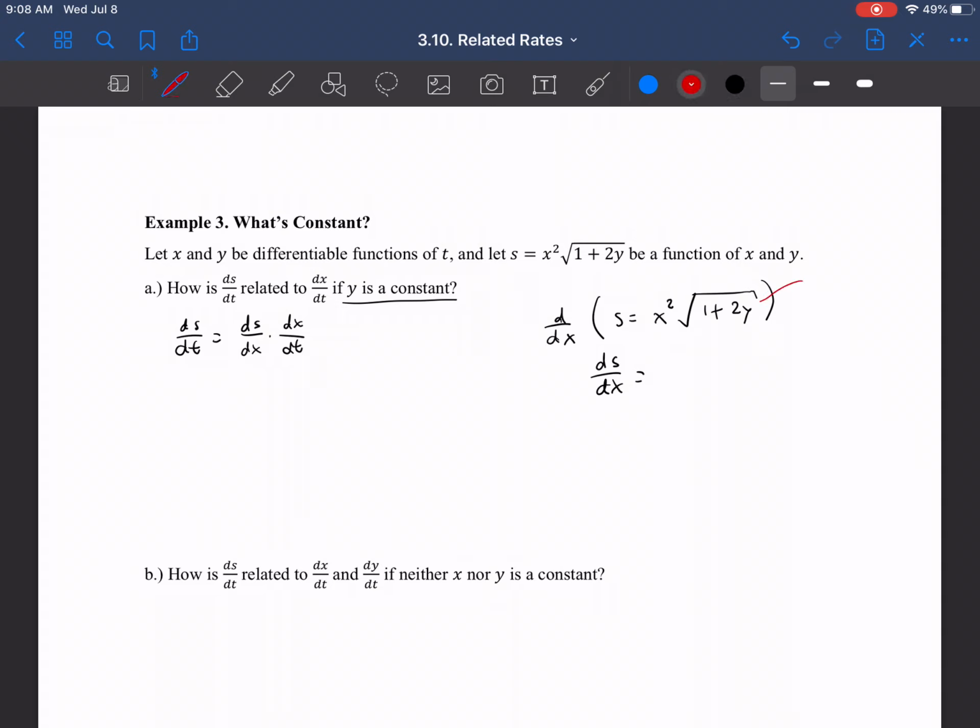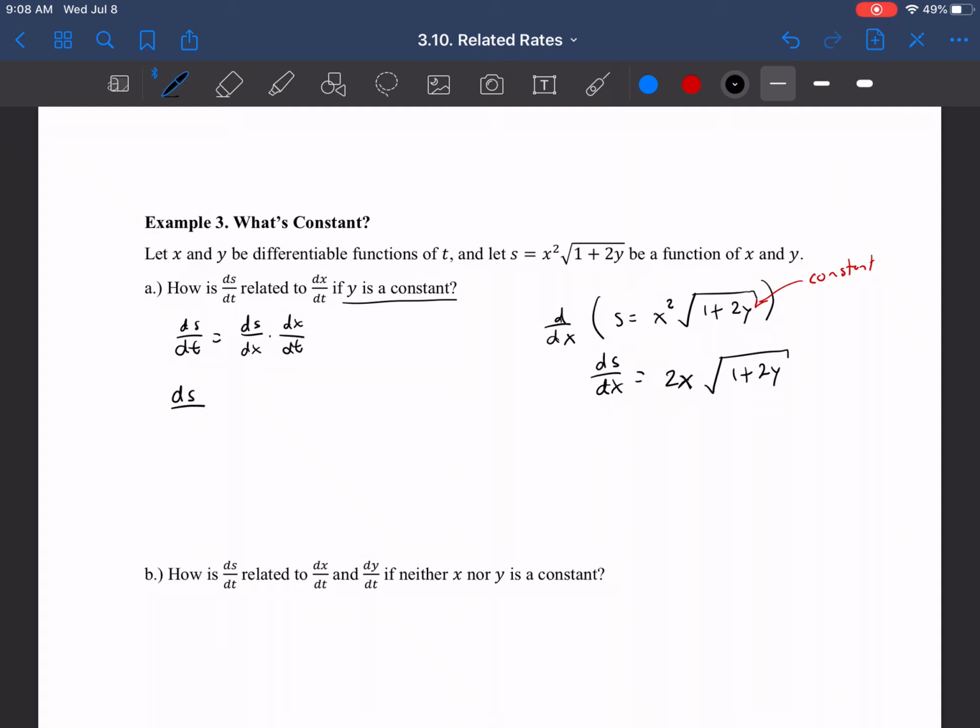We're treating y as a constant. If it's a constant, then that whole square root is a constant, and we just carry it right along, and this becomes 2x dx/dx, which we don't have to write 1 because it's just 1. And so we get this, 2x times the square root of 1 plus 2y.